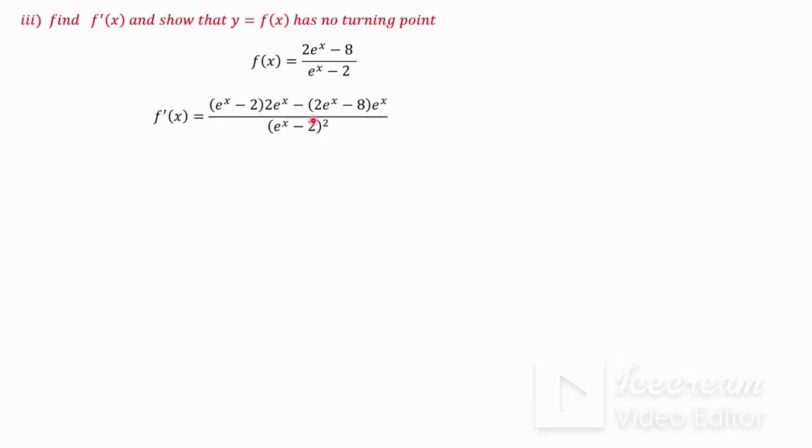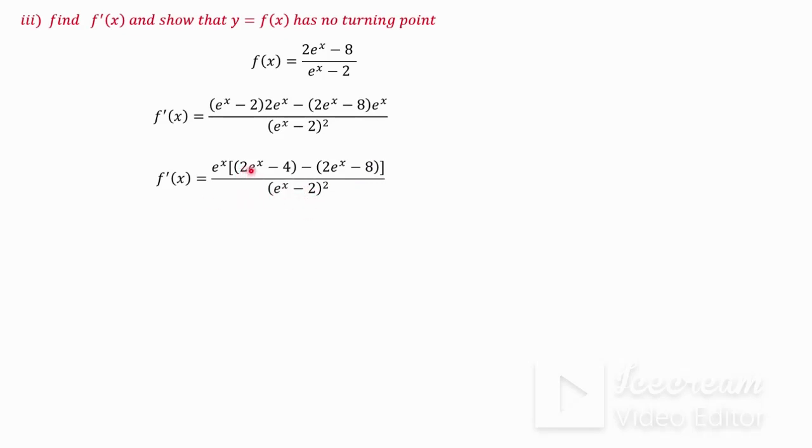We can clearly see that exponential of x is common in the numerator, so we can factorize exponential of x in the numerator. We obtain exponential of x, open big bracket, 2 exponential of x minus 4 minus 2 exponential of x minus 8, close the big bracket, divided by (exponential of x minus 2) all squared.